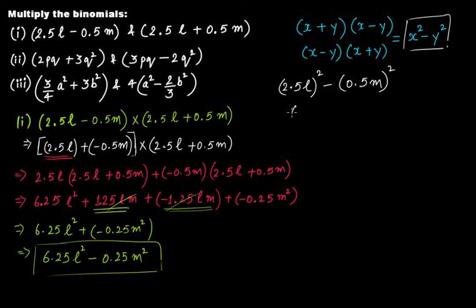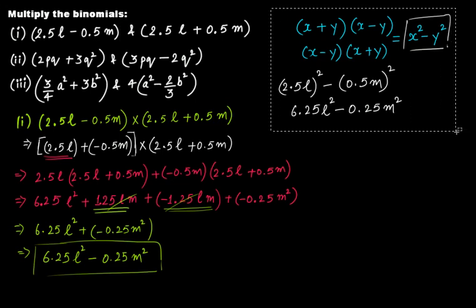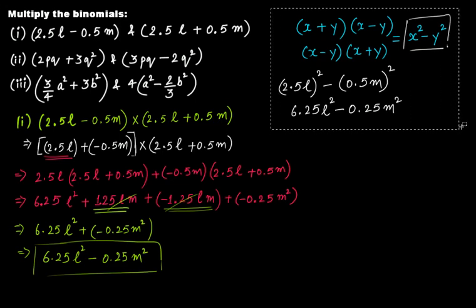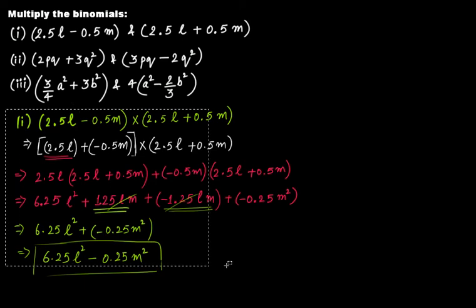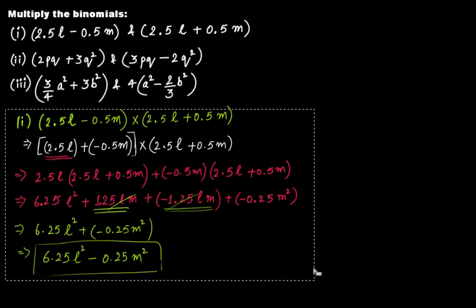This is 6.25L squared minus 0.25m squared, right? Same answer. Now can you see how quickly we can calculate the answer using this standard identity? We'll check its proof in our next video tutorial. Now let's solve the second one.